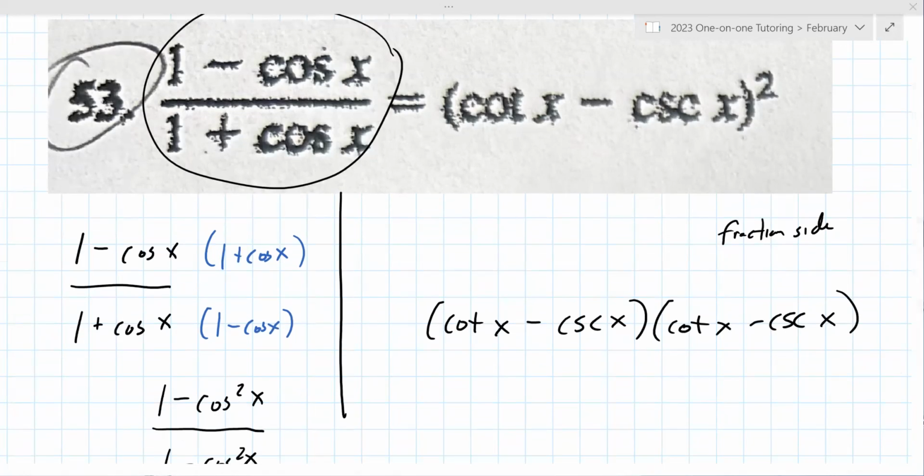So foiling means multiply everything, right? Yes. Okay.